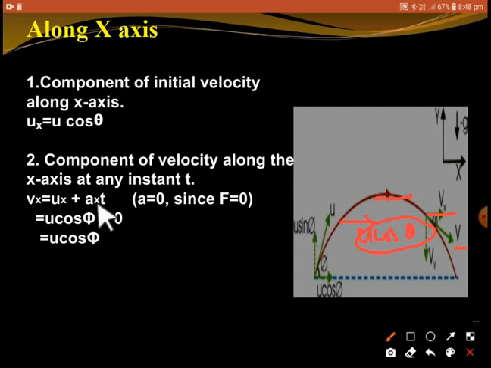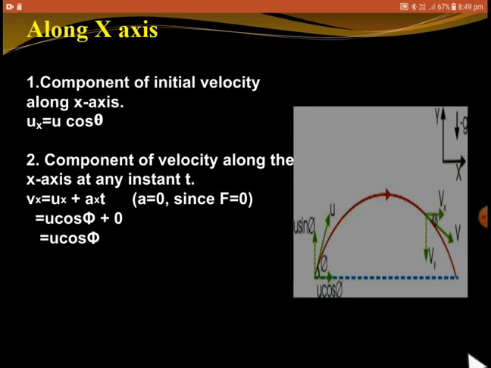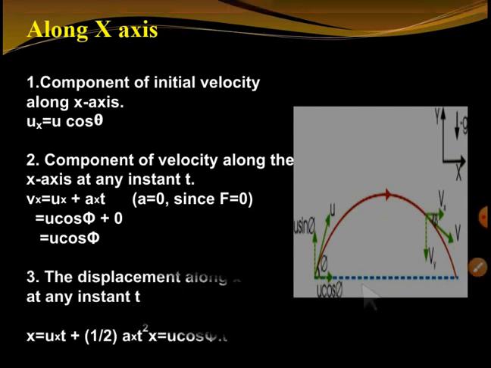When you take a equal to 0, at time t also, your vx will be equal to u cos theta. So that shows that your velocity along the horizontal direction remains constant. Got it?